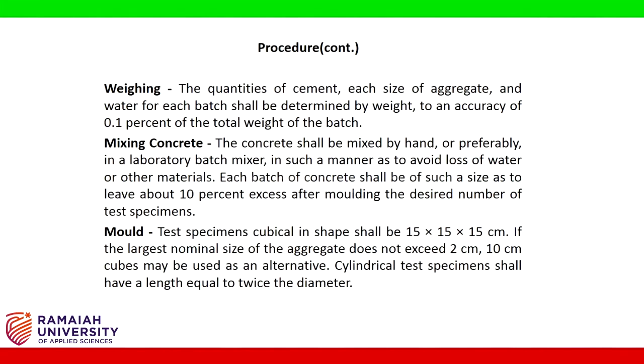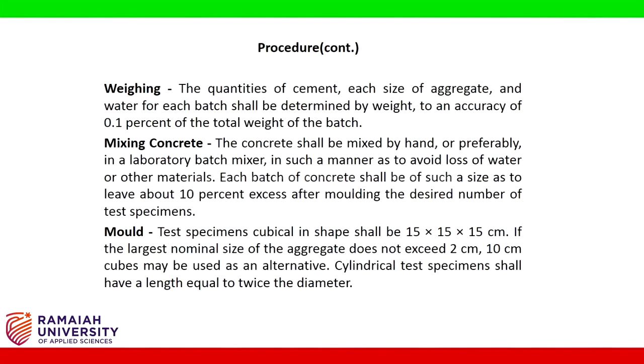Mixing concrete. The concrete shall be mixed by hand or preferably in a laboratory batch mixer in such a manner as to avoid loss of water or other materials. Each batch of concrete shall be of such a size as to leave about 10% excess after molding the desired number of test specimens.